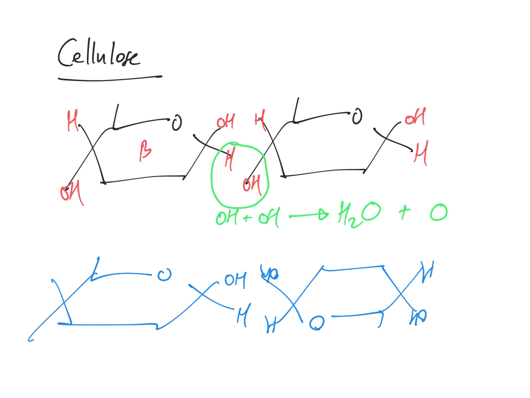So you can now see what I've done is, because one is upside down, to put it in more simple terms, I've now created an OH next to each other, which now means I can create my glycosidic bond here. So that's how 2 beta glucose molecules join together.